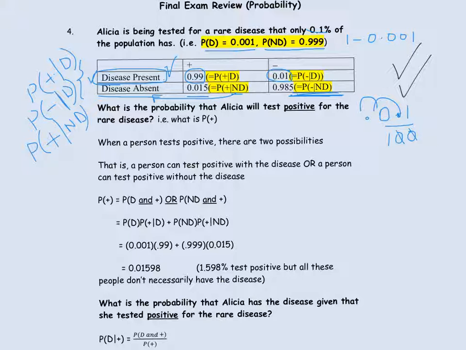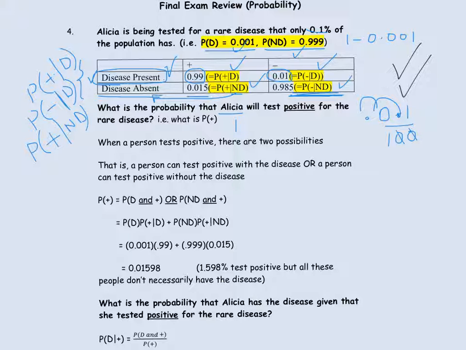Everything that's highlighted is something that you'll have to write down yourself in the problem. If these numbers are written correctly, most likely the rest of the problem will go pretty well. The first question is, what is the probability that Alicia, a random person, tests positive? Nothing else is given.